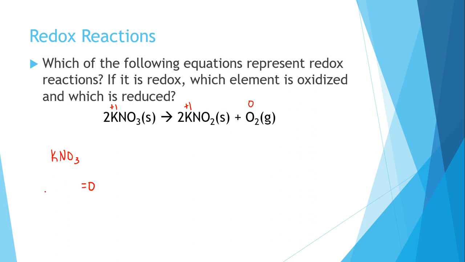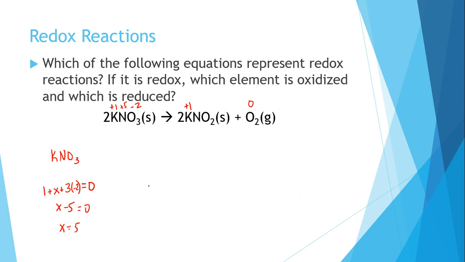We know that potassium is a 1, and then here I have 3 oxygen, and oxygen is typically a -2, plus, I don't know my nitrogen, so I'm going to put X, and then we can go ahead and solve. So we have, that's -6, so X minus 5, because my 1 over there joined up, equals 0, so X equals +5. So here we're going to see that oxygen is a -2, and nitrogen is a +5.